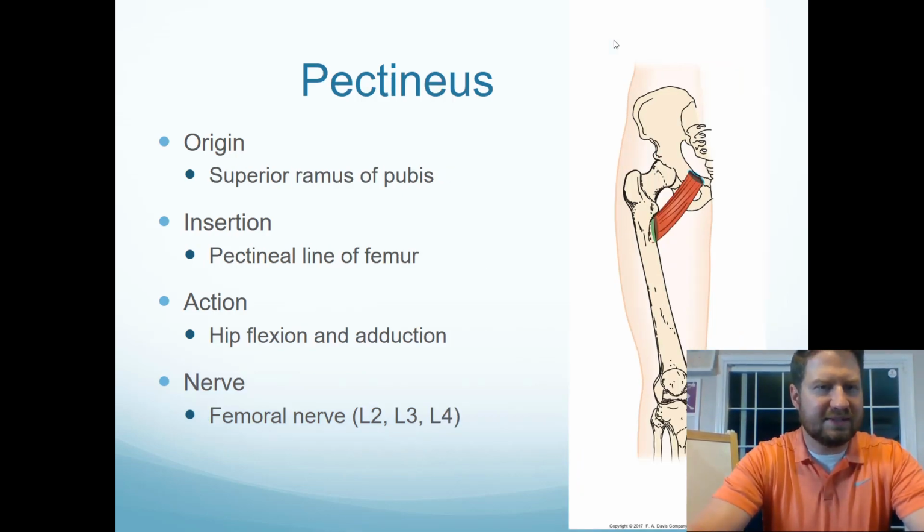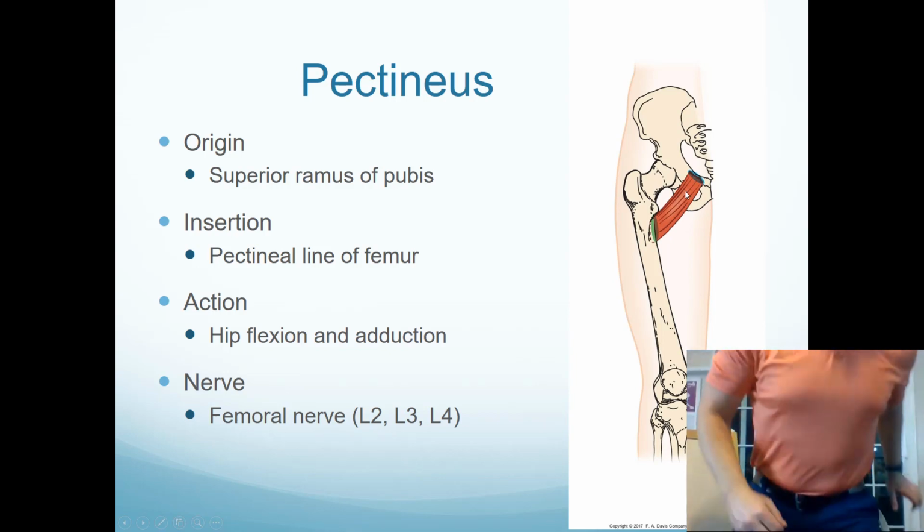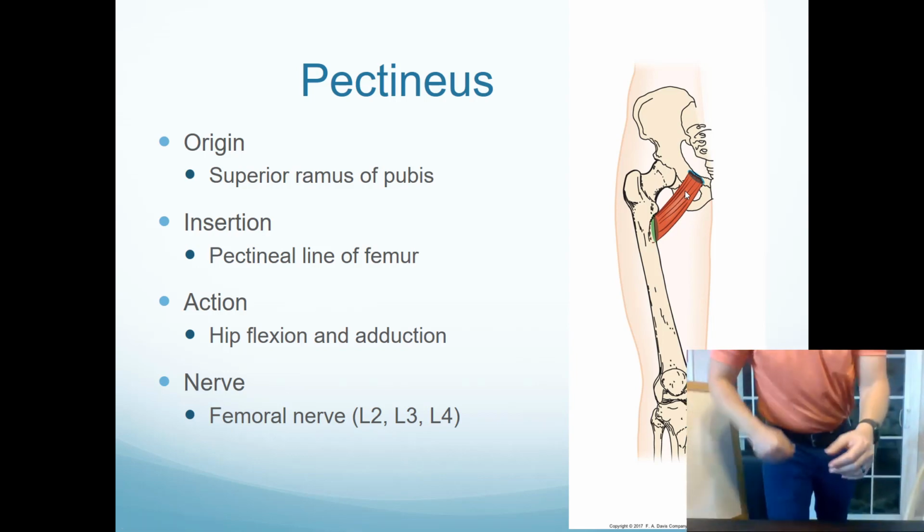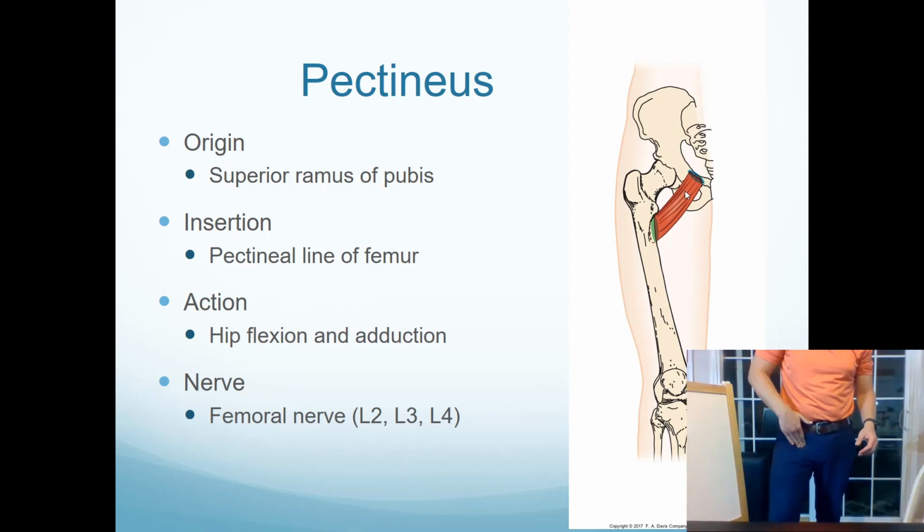Your pectineus is your highest, your most proximal hip adductor muscle. This is the muscle that when you hear someone have a groin strain, is the muscle that they strain. When someone says, I have a groin strain, they usually grab kind of right in here.